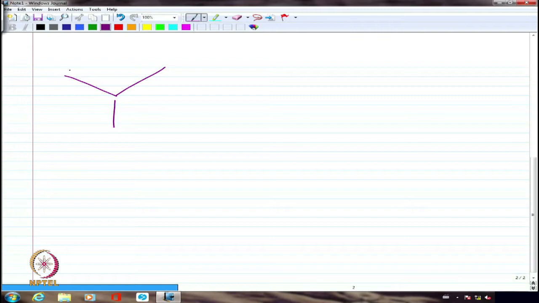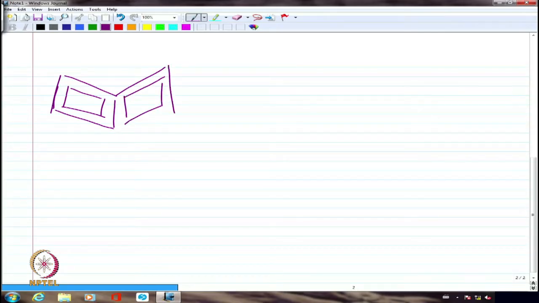So maybe one of the cores is something like this. I'm not very good at drawing, but I'm trying to show how maybe one of the cores will be. And the second core can be something like this. And the third core can maybe come out like this. I should have shown it somewhat like this.